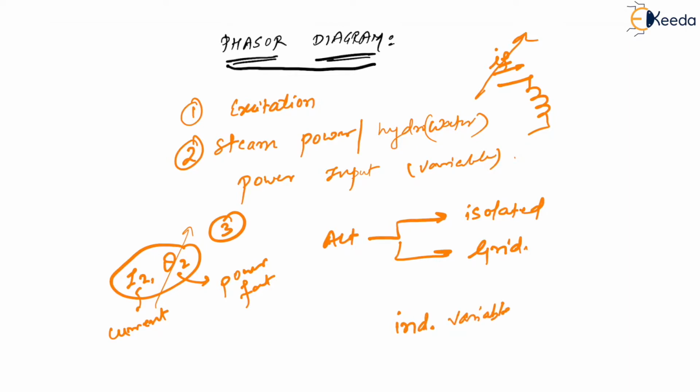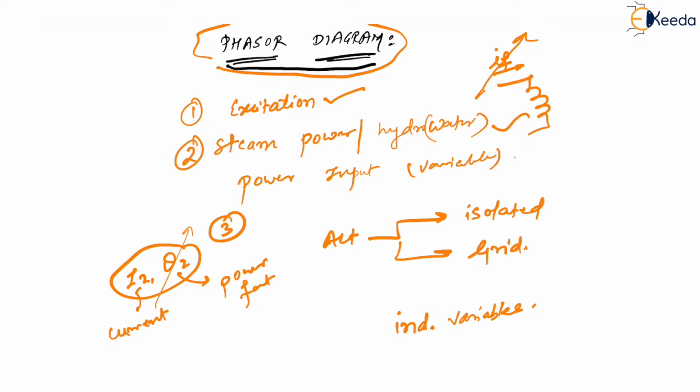It is not just I2 and theta 2. Now we have excitation also variable, and we have input also variable. Hence we should be able to play with all of those variables, and the easiest way to do that is the phasor diagram. This was just the importance of it.